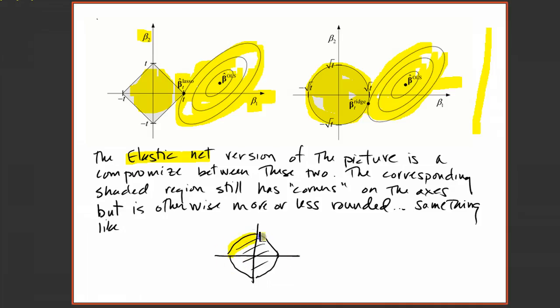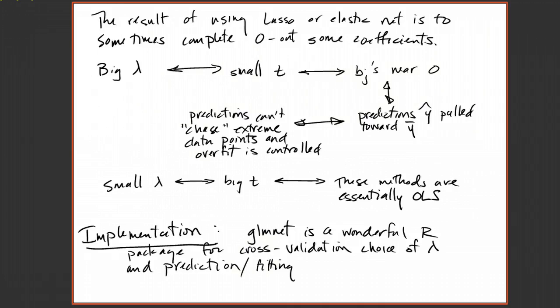There are sharp corners, but every place else it's not a circular curve, but something that is rounded. The result of using lasso or elastic net is to sometimes completely zero out some of the coefficients.